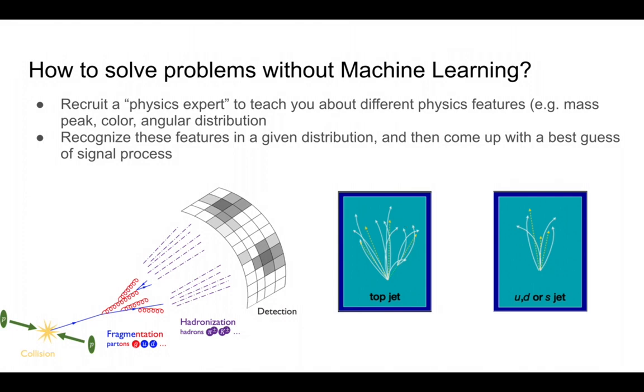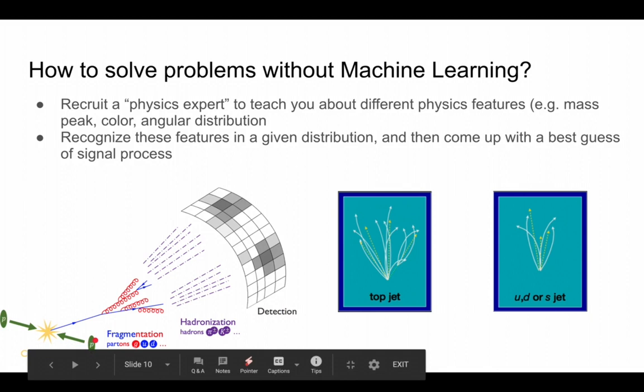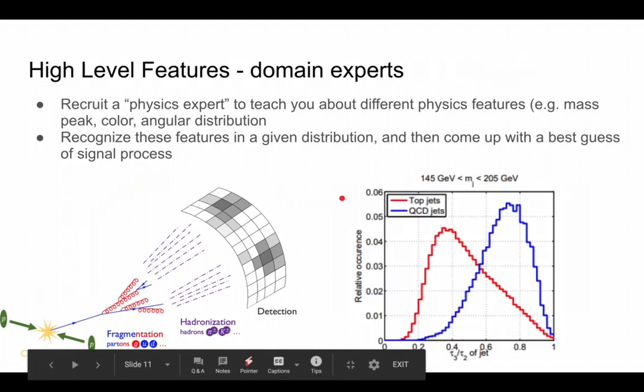Using such physics knowledge, we can predict the expected distribution and come up with the best case of the signal process. Here's one example. We can calculate N-subjettiness of the distributions.